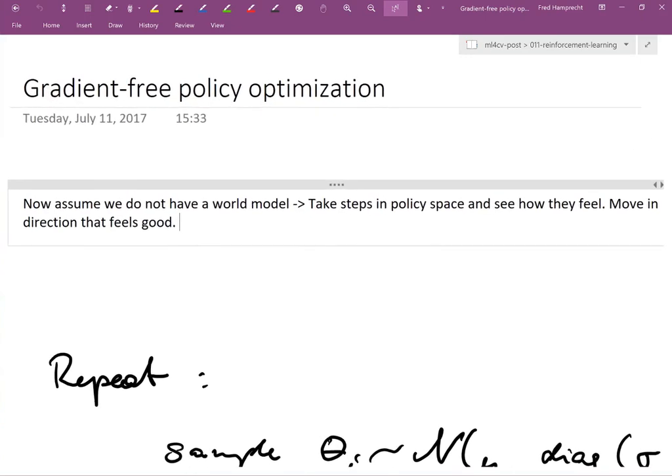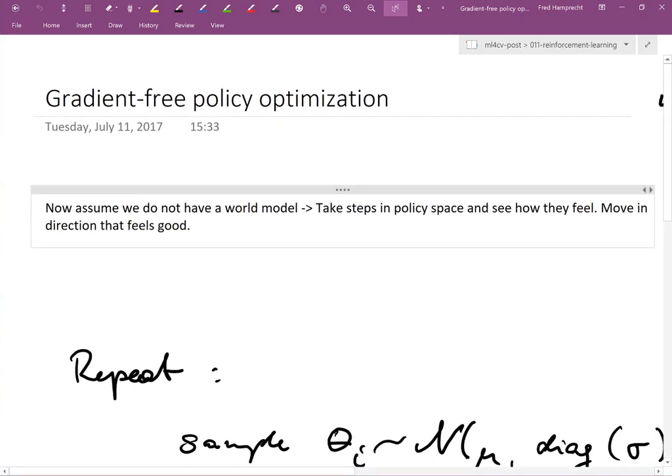And I've here written the strategy in words. We simply try out a couple of policies, not take steps. Let's say, sample multiple policies under some model and see how good they are. And then we change our policy generating model in a direction that feels better.